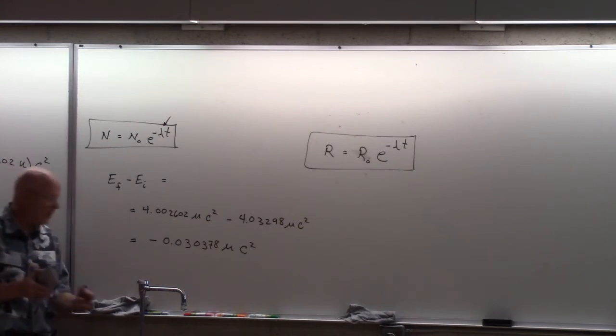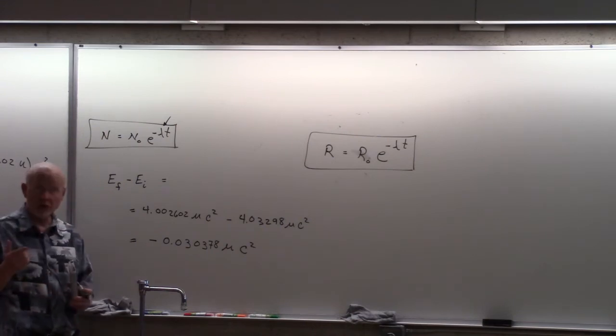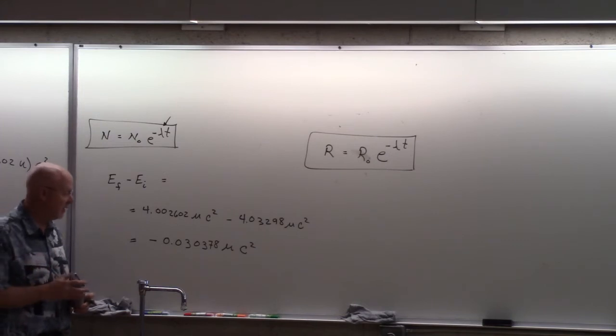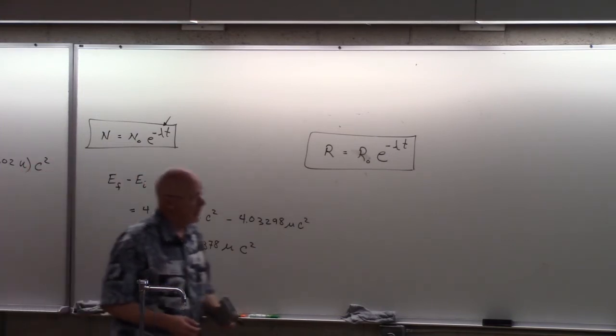Now I'm just debating if I should do this calculation in terms of joules, or another useful unit is called MeV per C. And so let me see what your author has.